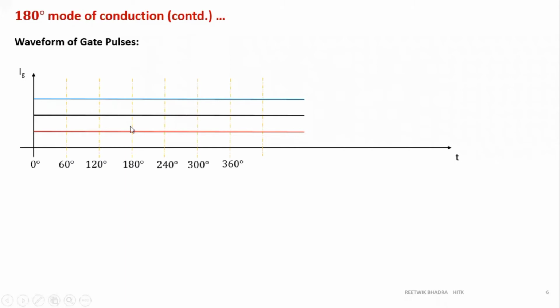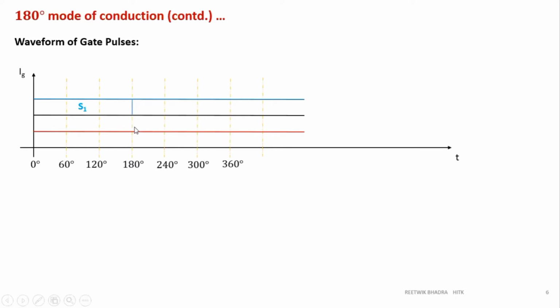Now, mark my words. Switch 1 will start conducting first, then 2, then 3, then 4, then 5, then 6. This is how the switches will be on. Switch 1 starts from 0, and because it is 180-degree mode of conduction, it will stop at 180 degrees. So switch 1 conducts from 0 degree to 180 degree.